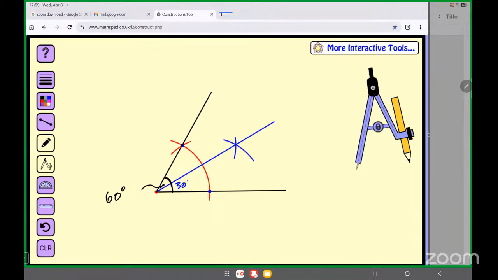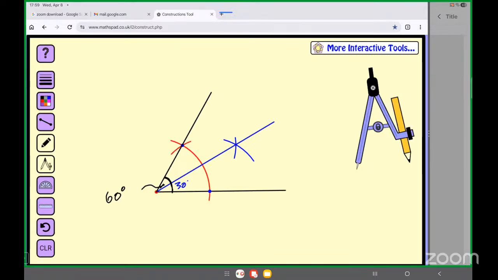That whole angle is 60 degrees. You see, to get the 60 degrees, you need the two red arcs. To get the 30 degrees, you bisect the 60-degree arc. So you draw the 60-degree arc with the two red arcs, and then you bisect it to get the 30 degrees.